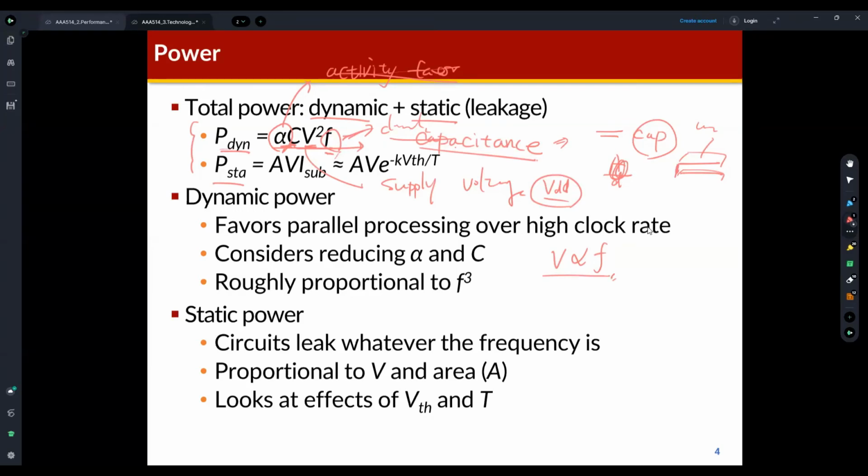In this equation, it's C V squared F, and V is proportional to F, which means dynamic power is proportional to the cube of the clock frequency. So what does that mean? In a traditional CPU design, the dynamic power consumption was very critical, as I said.